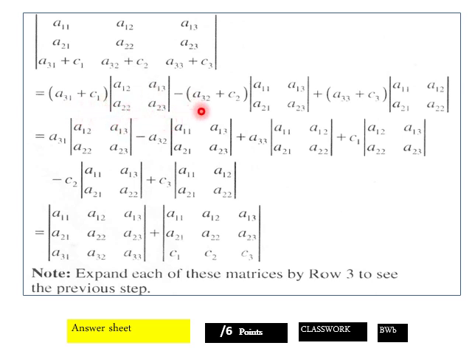And then we have a negative A12 plus C2 here. So we're going to use our formula here for finding a determinant for a system of equations. And then when we do that, we come up with this solution down here, which will give us this. Note, expand each of these matrices by row 3 to see the previous step.